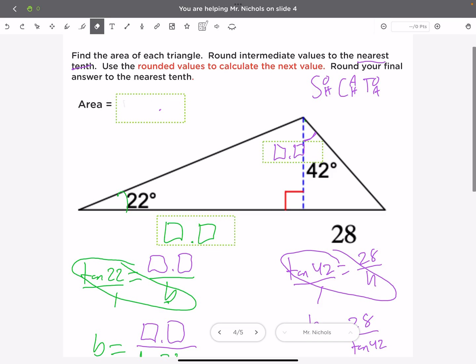And so to find the area, what we're going to do is we already have the height, so area is equal to 1/2 times your base that you found here in green plus 28, that's these two combined, times the height that you found for your H. And you just type that in your calculator, plug it into the area, and that should give you your final answer.